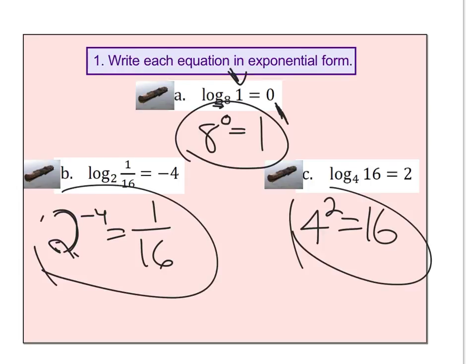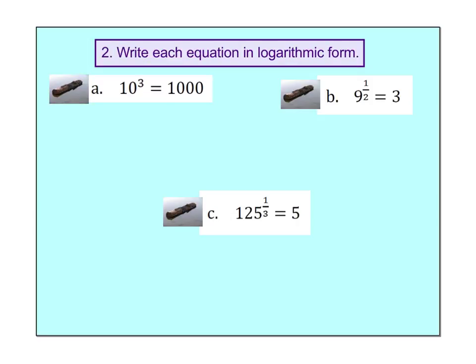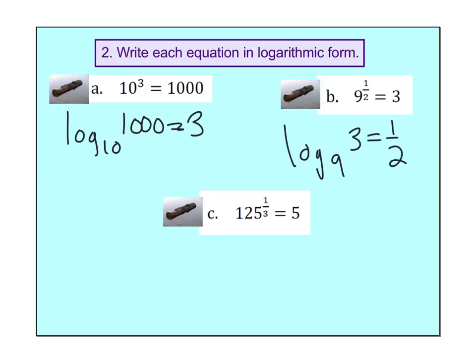So that's exponential form. Now, flipping it around, this is going to be log base 10 of 1,000 equals 3. This says log base 9 of 3 is 1/2.